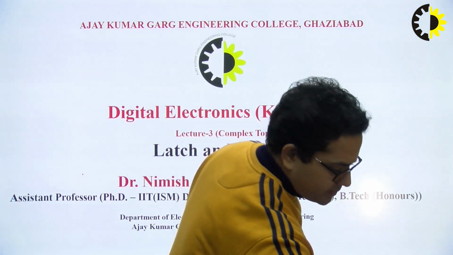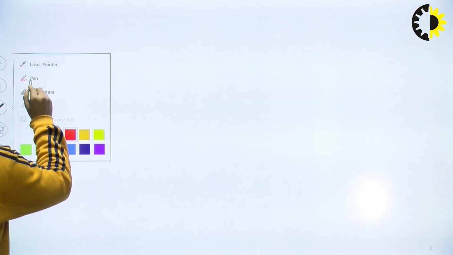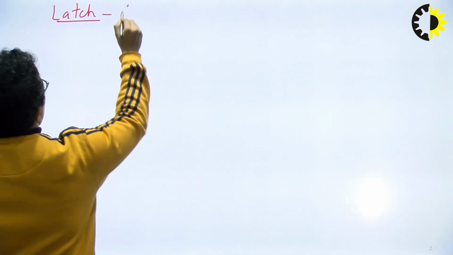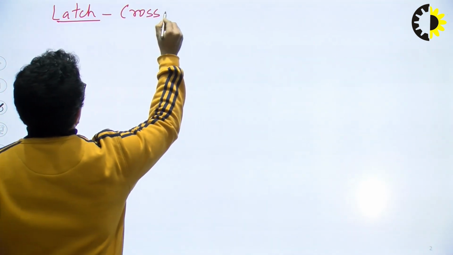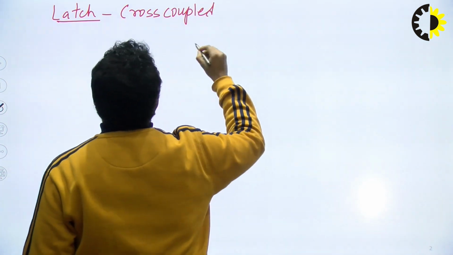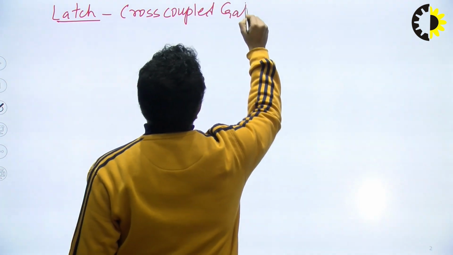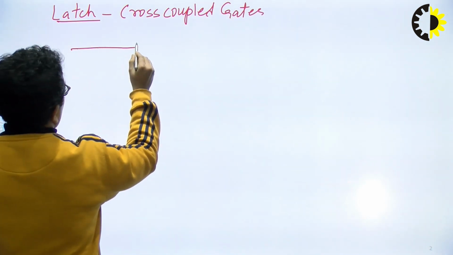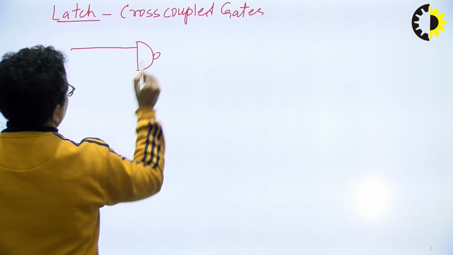A latch is basically called a cross-coupled device. So we will note down some points. A latch is a device formed by connecting cross-coupled gates.